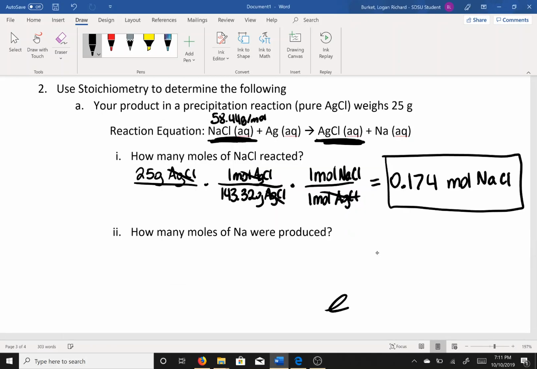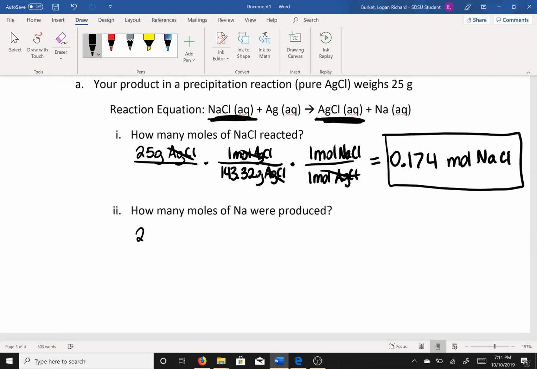So basically the second part is asking the same thing. It wants us to convert to moles of AgCl and then relate it to sodium this time instead. So we already know how to convert it to moles, so we do 25 grams of AgCl times 143.32 grams of AgCl per 1 mole.